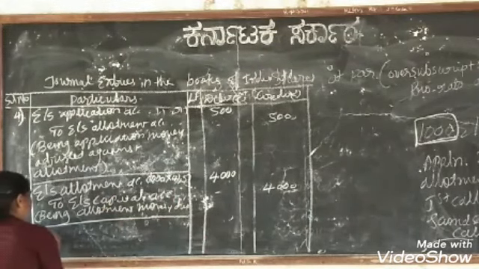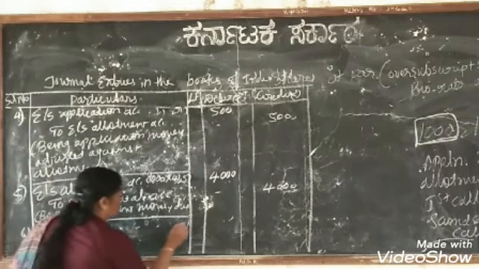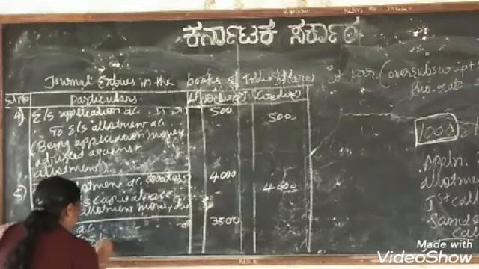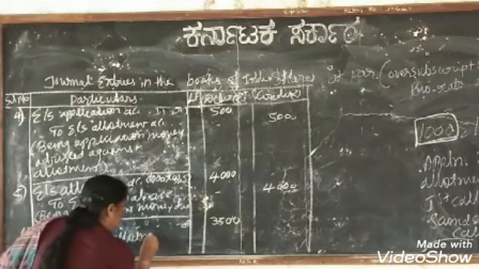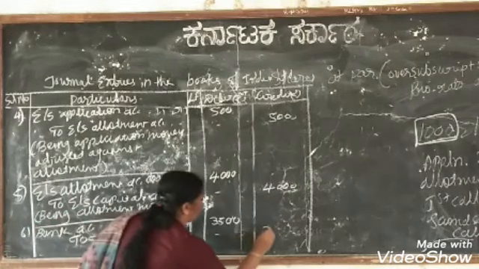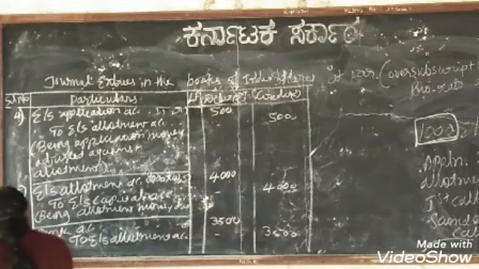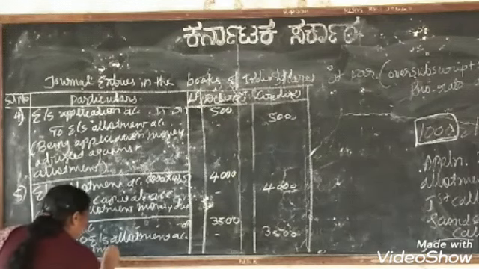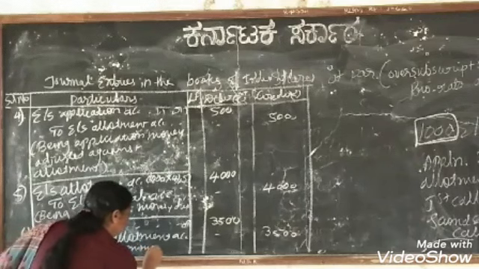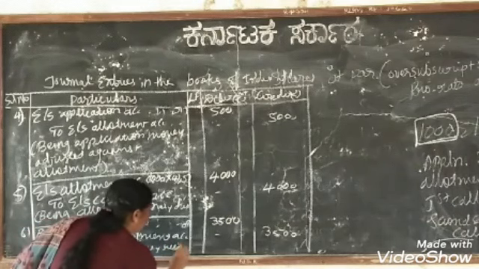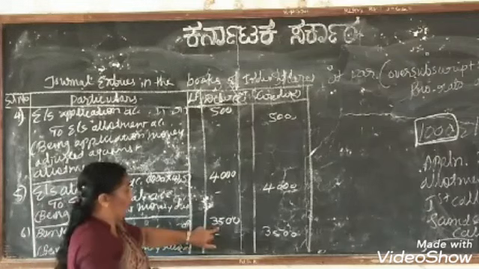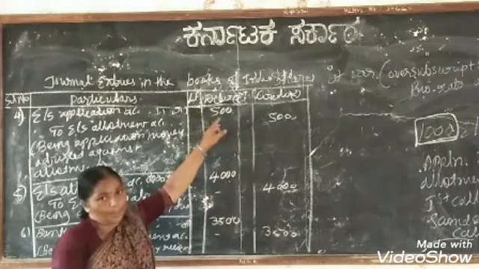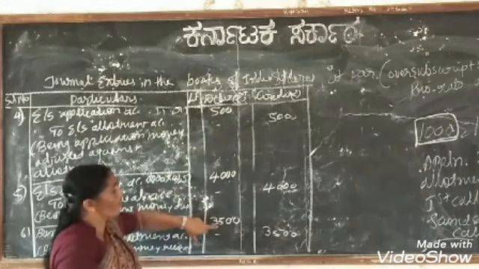Bank account debit, 3,500, to equity share allotment account, 3,500. Being allotment money received. See here, this 3,500 is because of 4,000 minus the amount already received in application. Then obviously it is 3,500.